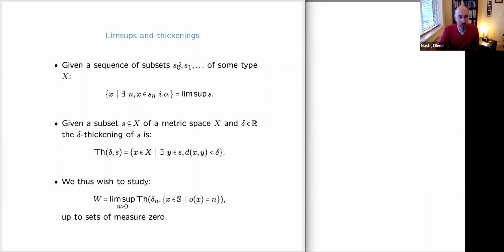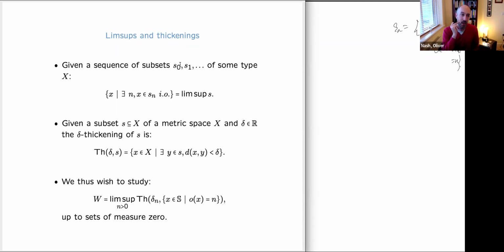I've used this notation, the set of X such that X is in some set Sn. Sn was rationals with a given denominator, or rationals within... Sn was points X such that X minus Q is less than delta n, and the denominator of Q is equal to n when we were working on the reals.